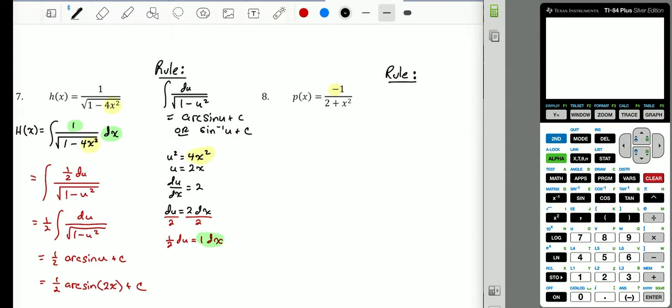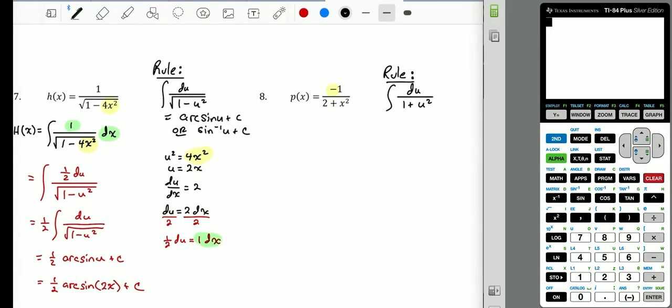All right, so the rule that we'd be looking for here would be du over 1 plus u squared. That would be the inverse tangent, so arctan of u plus c, or inverse tan of u plus c. Now, the alternative here would be that we could choose negative du over 1 plus u squared.